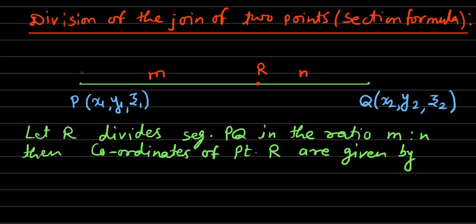R is a point having its coordinates, the point which divides that line segment. Suppose its x, y, z coordinates are denoted by small x, y, z.